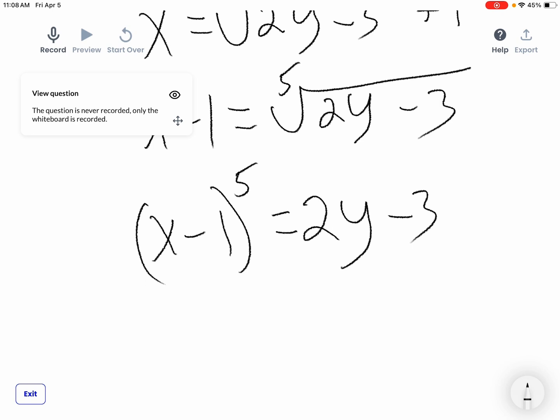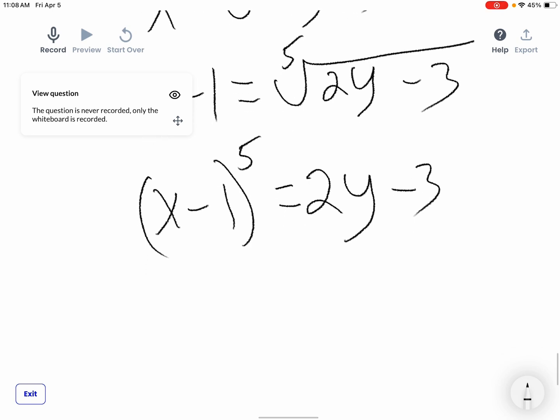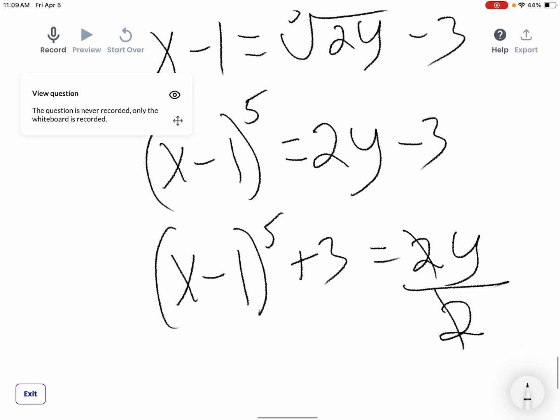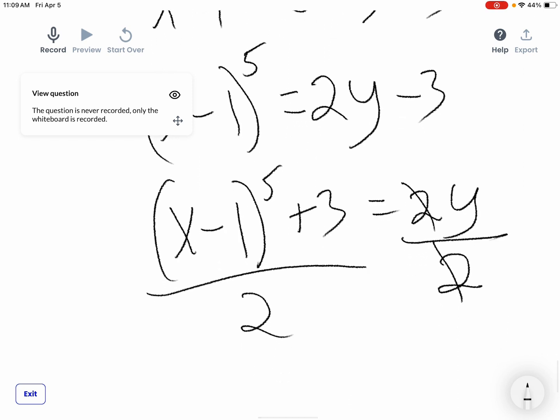We can add 3 to get to the y term. So if we add 3 to both sides, we'd have x minus 1 to the fifth plus 3 equal to 2y. And then to solve for y, just divide through by 2 because 2 over 2 cancels, becomes 1. So divide both sides by 2. And we get x minus 1 to the fifth plus 3 all over 2 is equal to y.